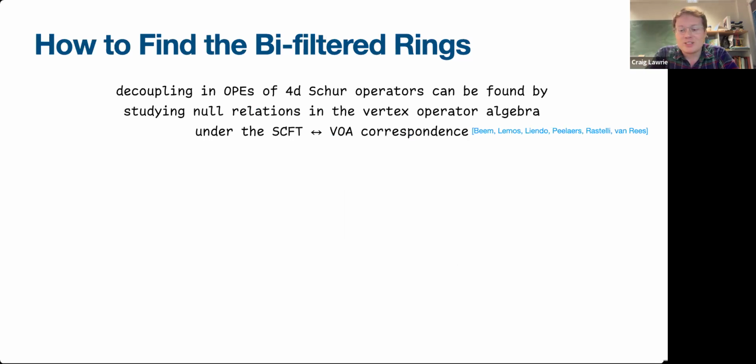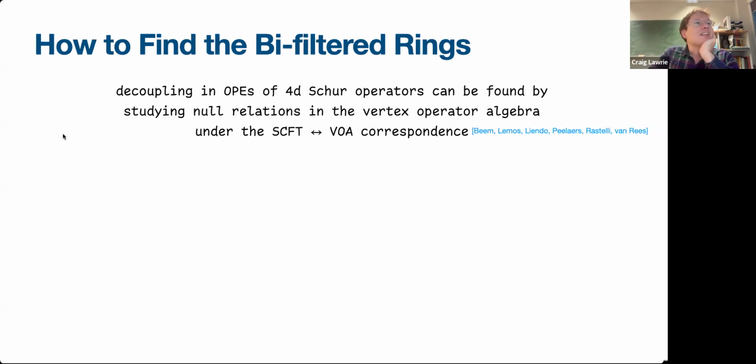Okay. Now, in general, finding the decoupling in OPEs of Schur operators can be challenging in 4 dimensions. One thing that we find very helpful is that you can translate this question into a study of null relations in the vertex operator algebra, which is related by the SCFT/VOA correspondence of these gentlemen here. I guess I shouldn't say gentlemen.